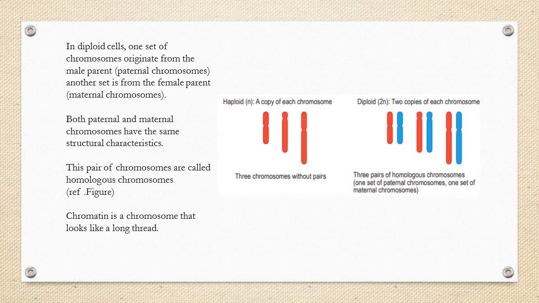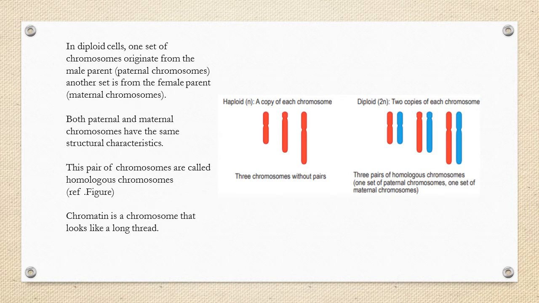Chromatin looks like a long thread. Now we refer to the diagram. Haploid, half: a single copy of each chromosome. So we have three chromosomes without pair. This one is haploid, N. The other one is diploid, 2N: two copies of each chromosome. One set is one set, we have a red color and a blue color, so that is two copies.